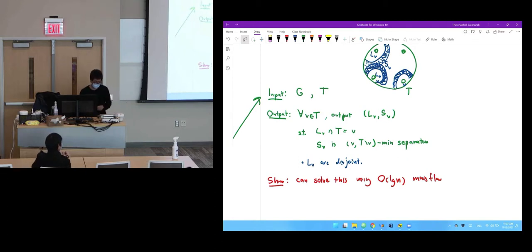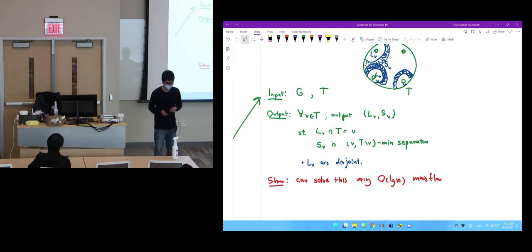So we basically start from here, trying to prove the isolating cut, but in the vertex version. Basically, you will need to mimic the proof for edge isolating cut and make it work for vertex cut. Go through the same thing and then prove this.